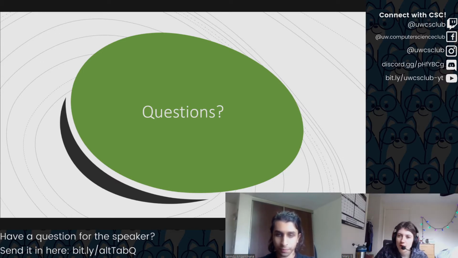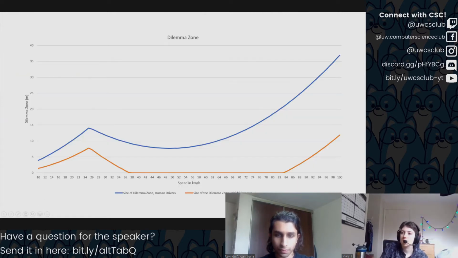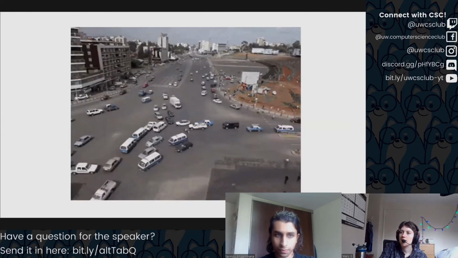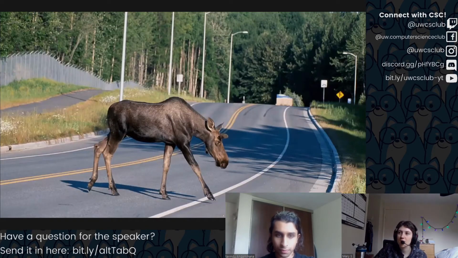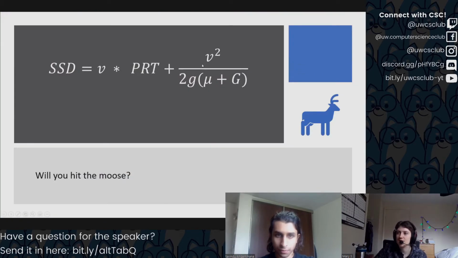So the main way that it can affect things is basically the reaction time. That's why in the stopping part, it basically affects this variable. Everything else is still going to stay the same, because there are still limitations to how fast you can decelerate.